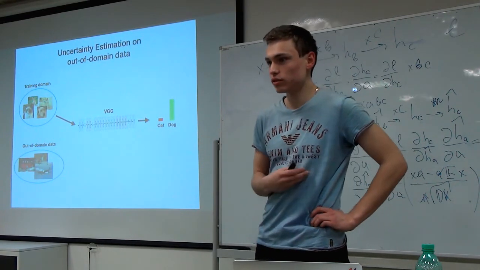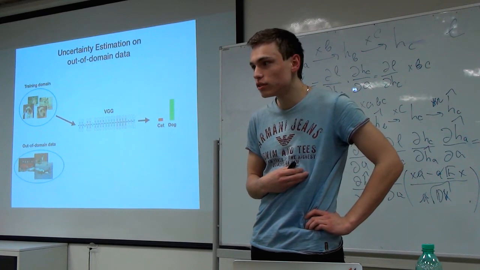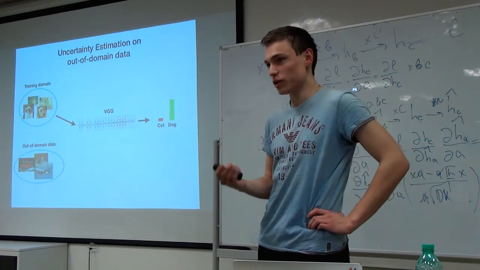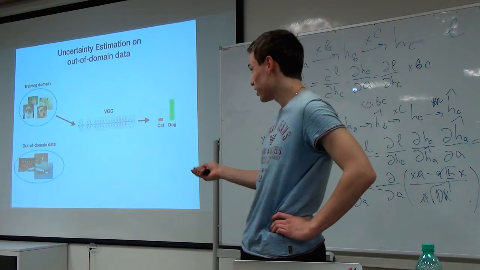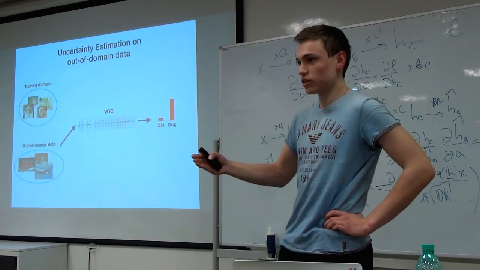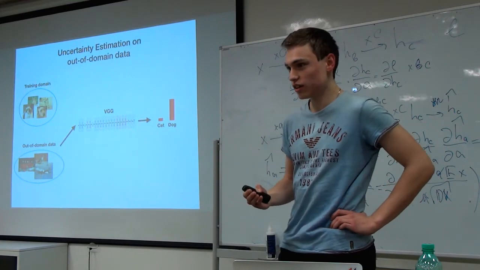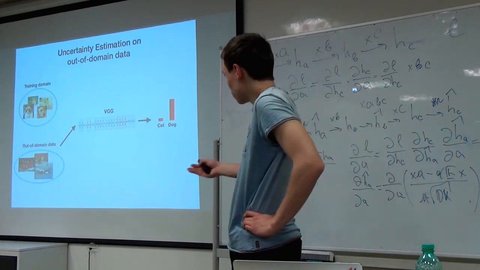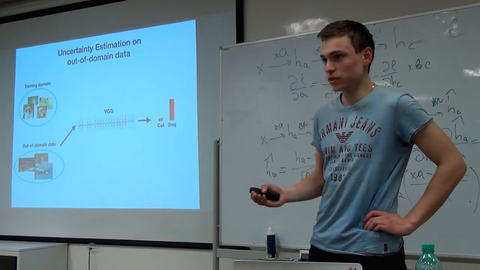Cat and dog, but it's okay for car. But what we actually see when we feed such a neural network the image of a car is that it predicts dog or cat with high confidence, say 0.9 probability.